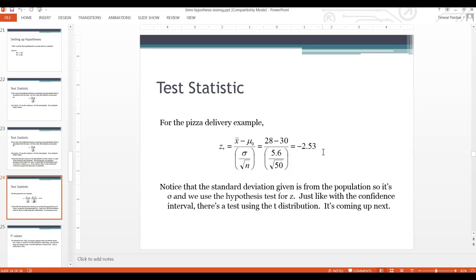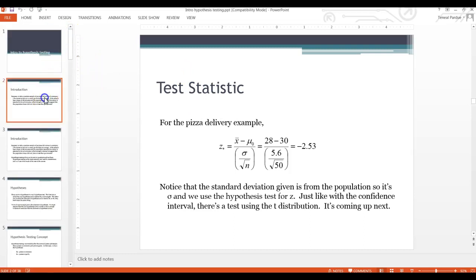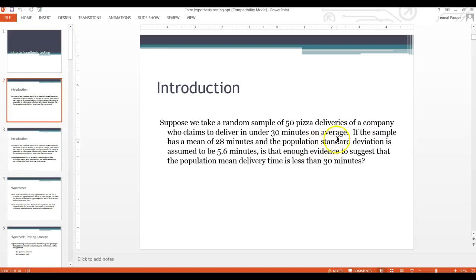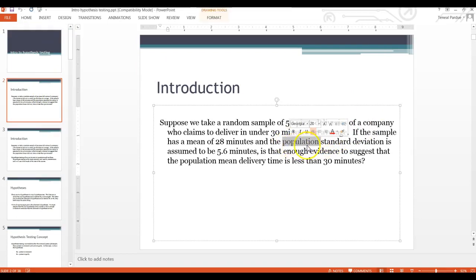Like I said, everybody's got a different kind of calculator, so it wouldn't do me much good to show you how I would calculate it, but make sure you can get this. And if not, let me know. I'll be glad to walk you through it on your individual calculator. By the way, in this problem, the standard deviation given to us was from the population.